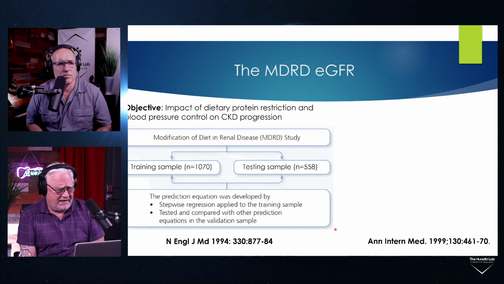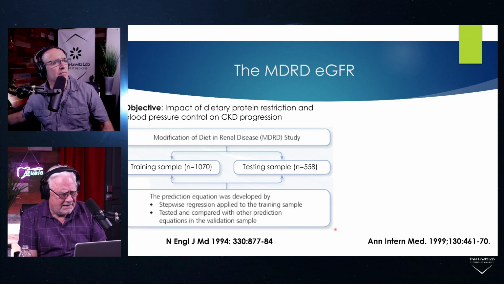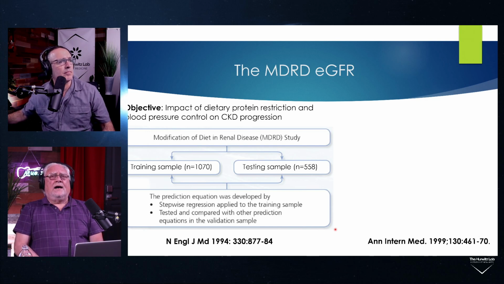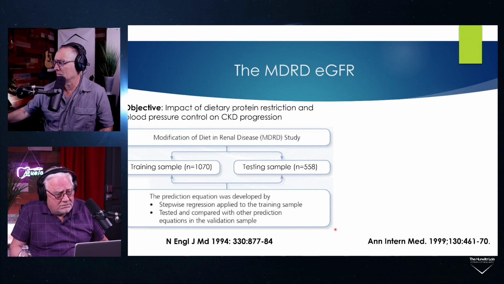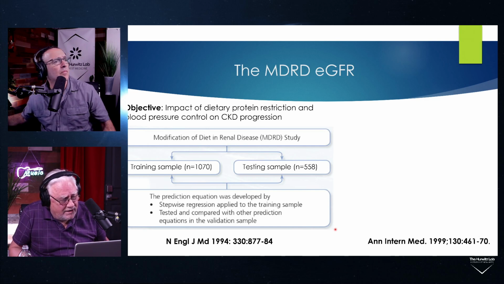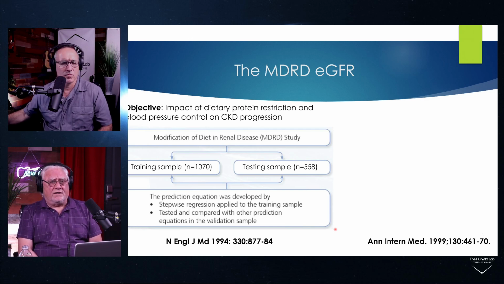And in that study, where they had, as I remember, 1,600 people, they had lots of measured GFRs, and I can't remember whether it was iohexol or iothalamate, but they had a ton of data.